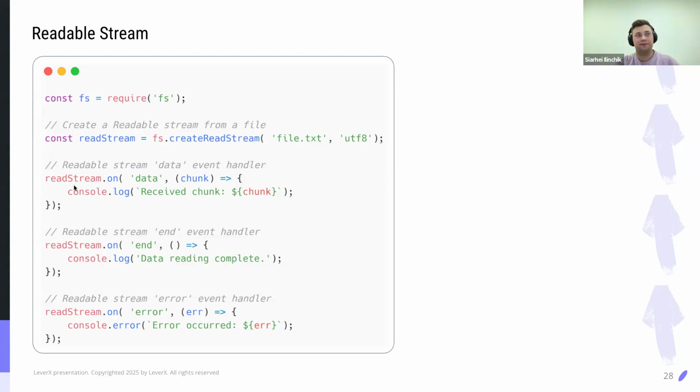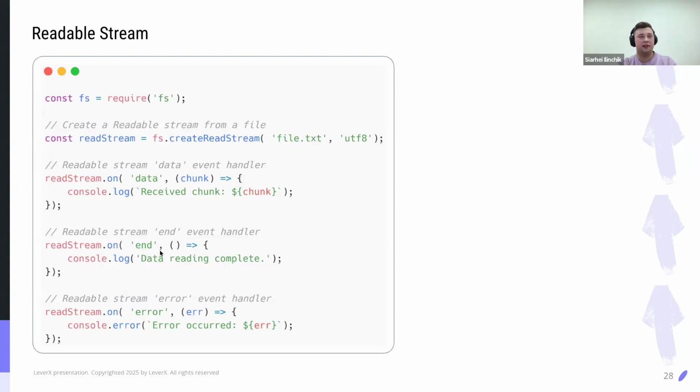Before we work with the stream directly, there are some events which are emitted from the stream, which are the data event and the error event. When you register an event listener for the data event, that listener would receive your chunk of data. So you'll receive the contents of the file in this event listener by chunks.